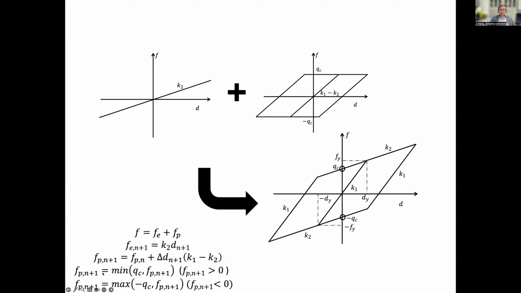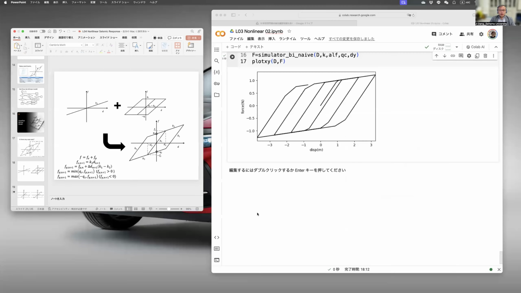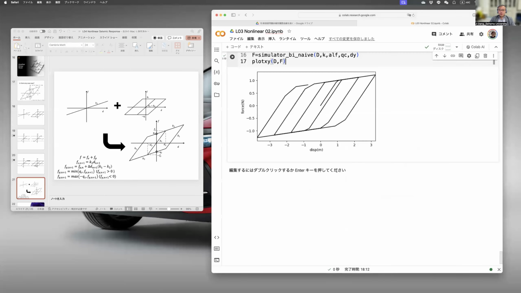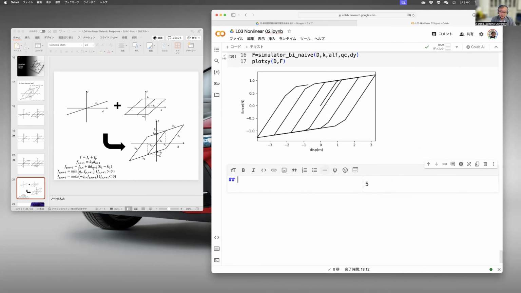Then you can calculate FE at n plus 1, and FE at n plus 1 plus FP at n plus 1 will be the total F. Okay, so we're using this equation. Let's do advanced, or say not so naive, right?